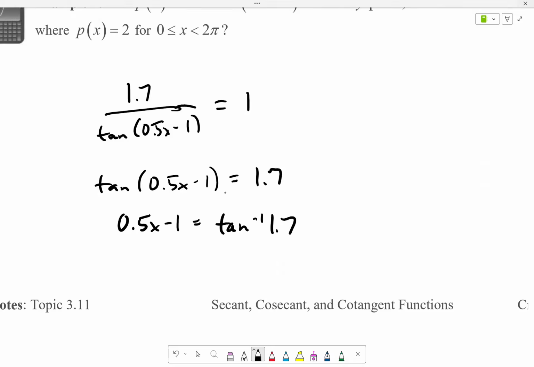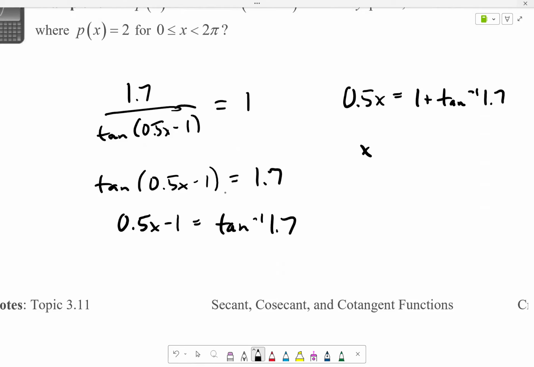Just add the 1. 0.5x equals 1 plus tan inverse of 1.7. I'll put the 1 in front so it doesn't get confused with the argument. And how should I isolate x? Either divide by 0.5 or multiply by 2. Wouldn't that do it?